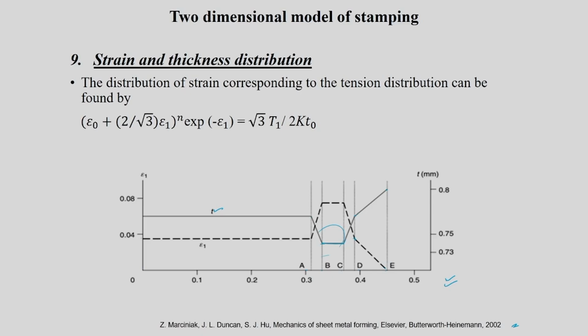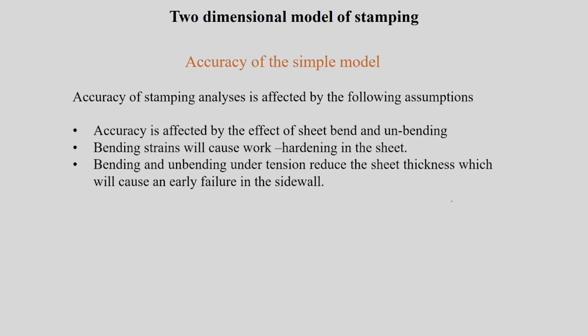So again you need to be a little bit careful in this transition zone between A, B, C, D, where both the corners as well as your side wall region are going to come. This is where your thickness and strain are going to change. Probably some values are given here for you to note down.